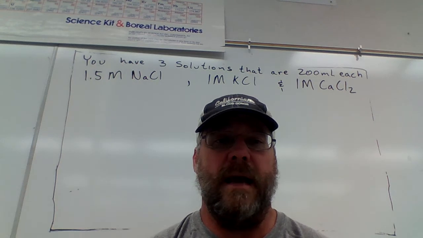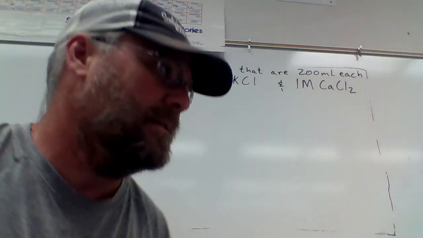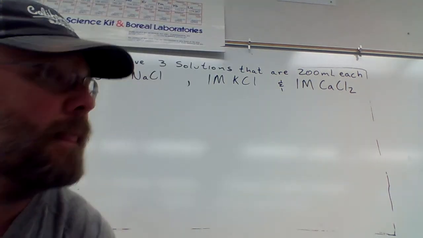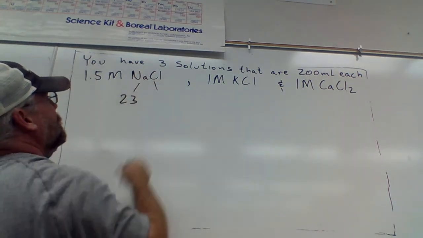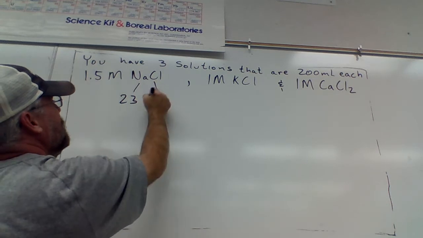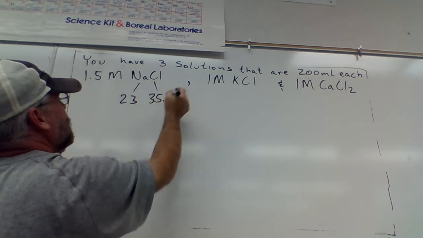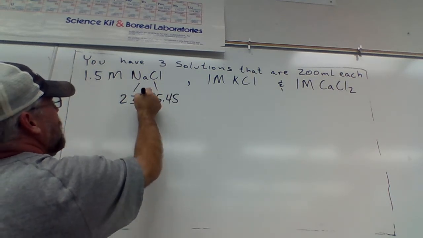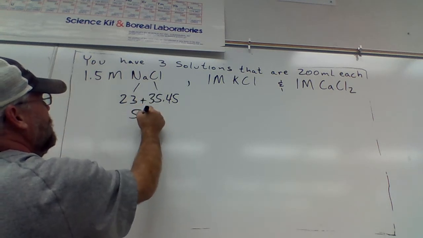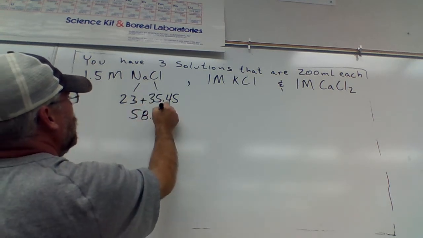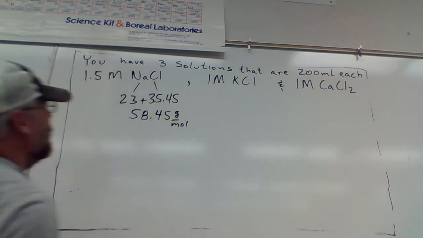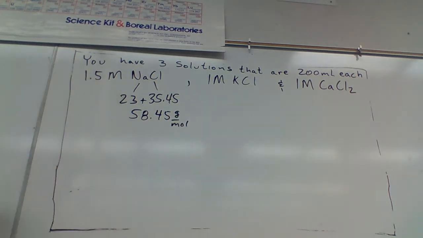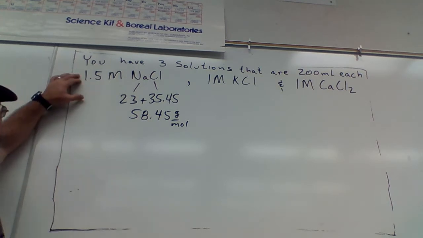But the idea here is if we look at sodium chloride, again, sodium 23, chlorine is 35.45. So if we add them together, we get 58.45 grams per mole. And again, let's just make it for 1 liter. It's going to make our math a little bit easier.